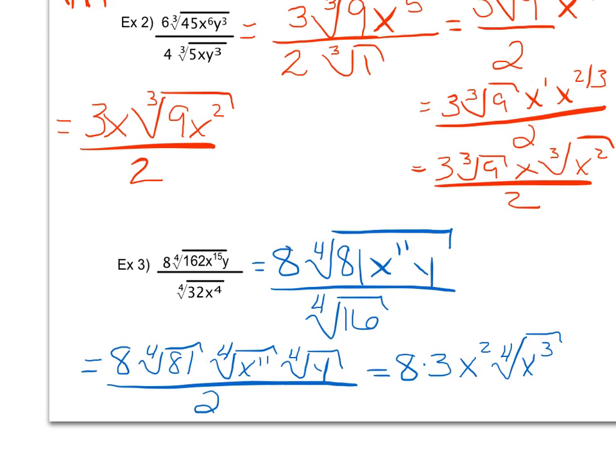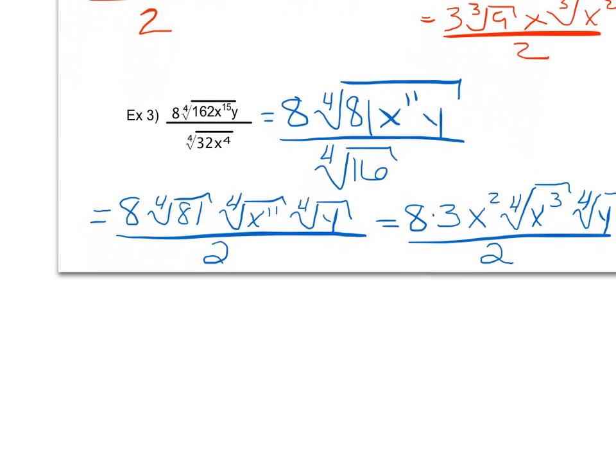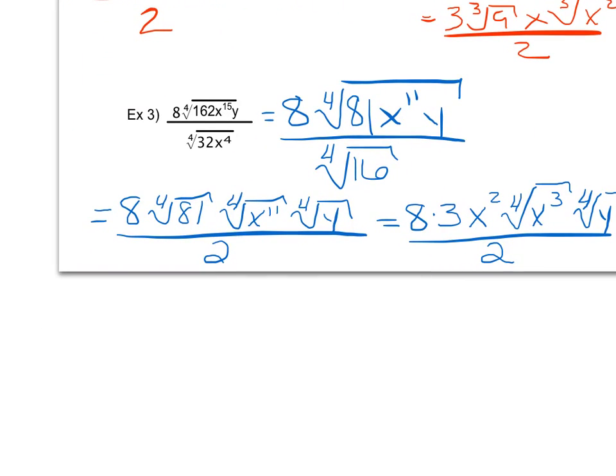If I look at the 4th root of y, and I ask myself, if I have a y, how many groups of 4 can I make? I can't make any. So that y stays under the radical. I have a 2 on the bottom. I can go ahead and multiply the 8 times the 3, giving me 24x squared times the 4th root of x cubed y all over 2.